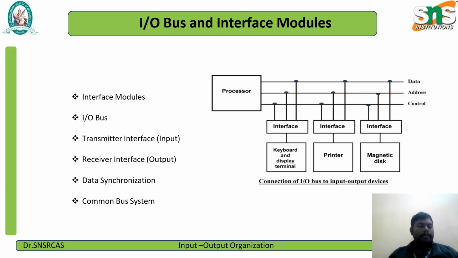The nature of peripheral devices is electromagnetic and electromechanical, while the nature of the CPU is electronic. There is a lot of difference in the mode of operation of peripheral devices and the CPU.